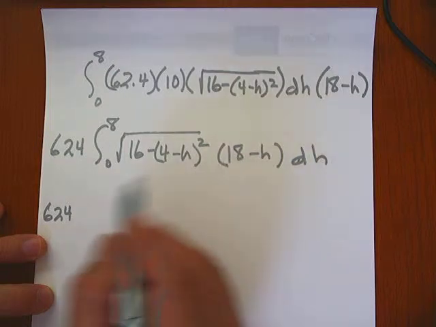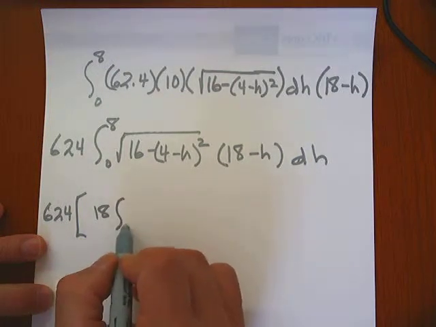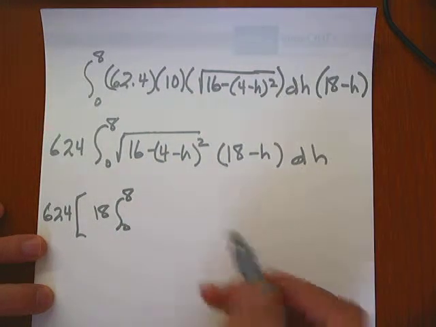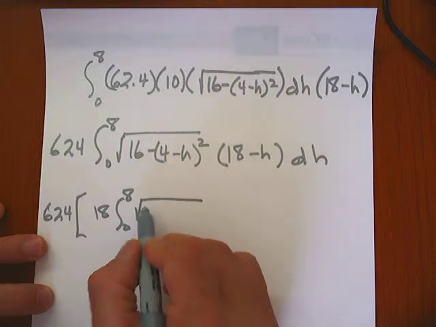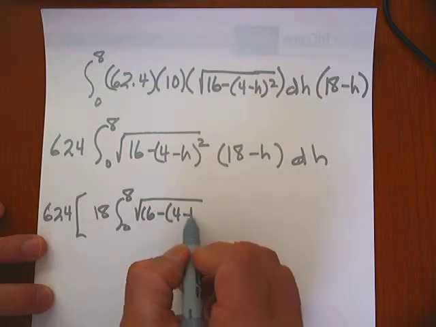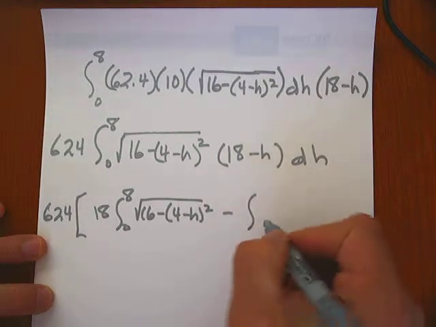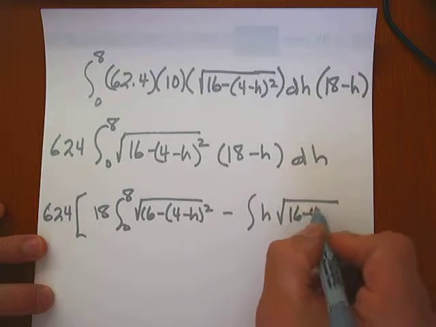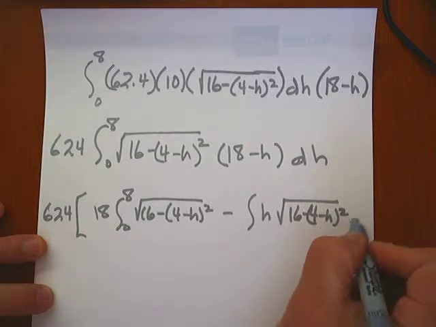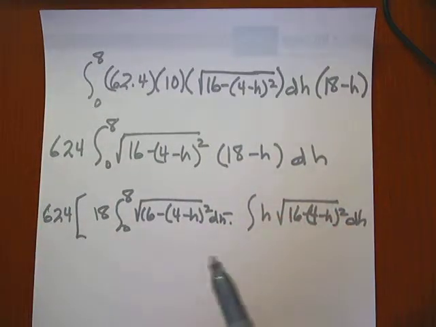And if you want to take it one step further, 624, take 18 out. I'm just going to put brackets there. 18 integral antiderivative 0 to 8 of this 16 minus parentheses 4 minus h quantity squared minus the integral h times the square root of 16 minus 4 minus h quantity squared dh.